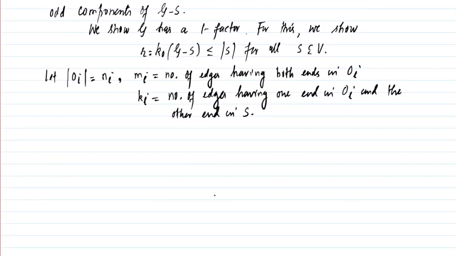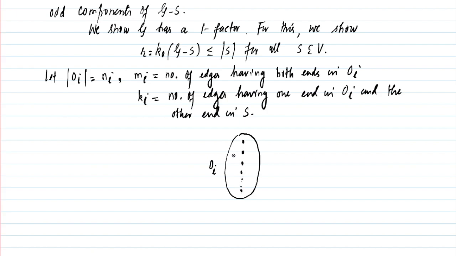Again, let's make some construction here as we have done in the previous theorem. Exactly, we have the same construction again. Suppose we have this odd component here, which is denoted by the component Oi, and there are some vertices here, and so on.